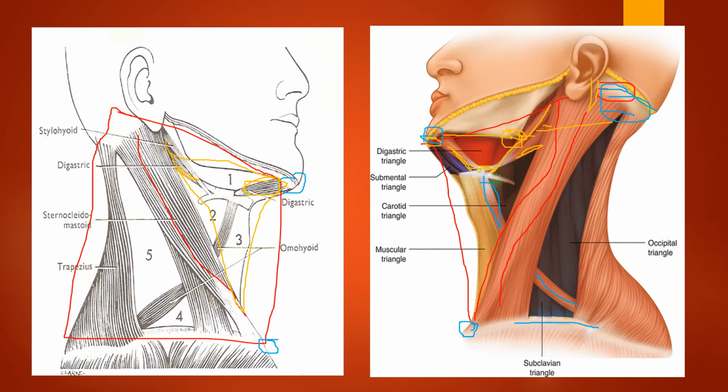Number 2 over here, this is going to be the carotid triangle, which is of very important. So this is going to be the carotid triangle, which is bounded in between the posterior belly of digastric and stylohyoid above and below by the superior belly of omohyoid and behind by the sternocleidomastoid muscle.